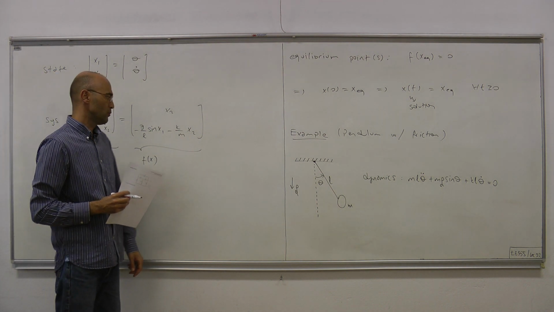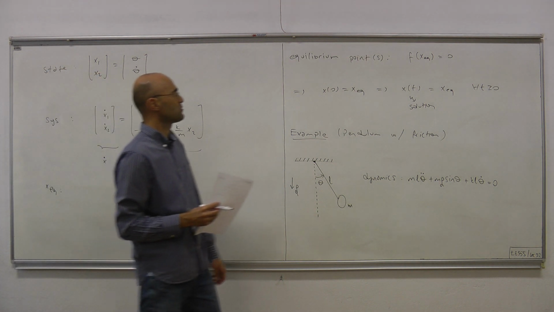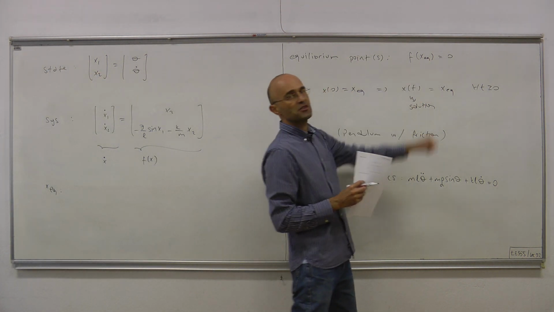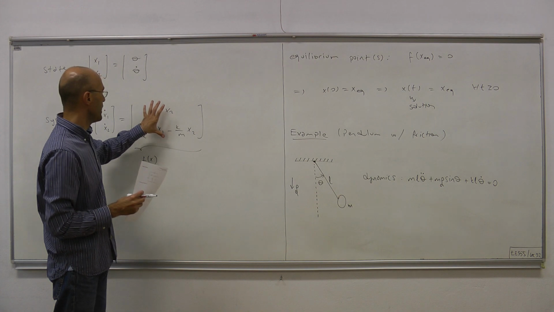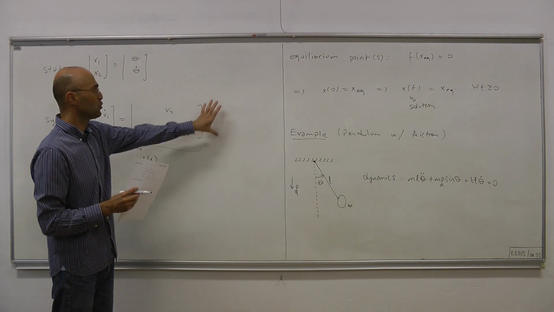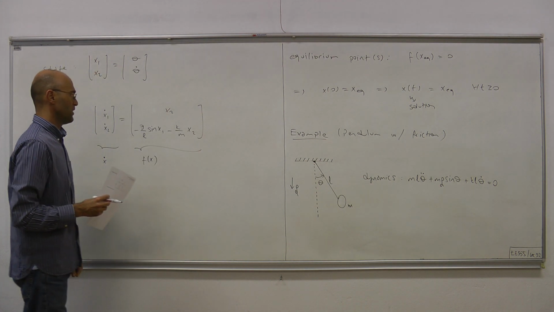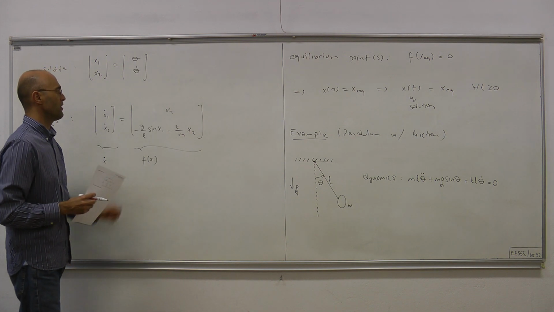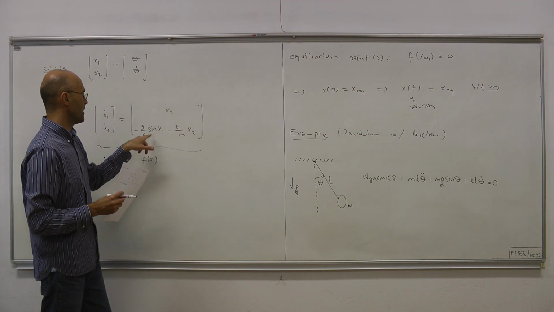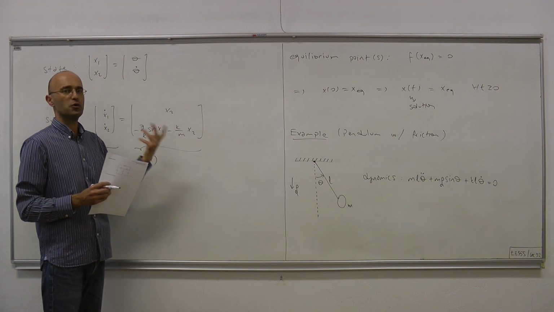For this system, there are a bunch of equilibrium points, that is, points that satisfy f of x equals 0. If you equate the right hand side, f here, to the zero vector, 0, 0, what we obtain is x2 immediately equals 0, and then if x2 equals 0, this term goes away, and what we have is sine x1 also 0.